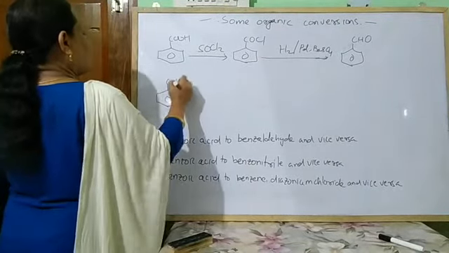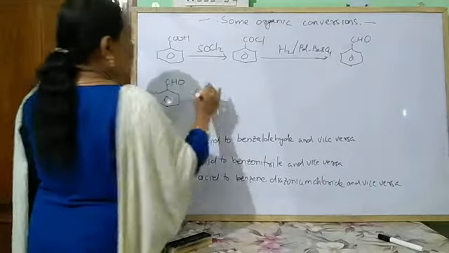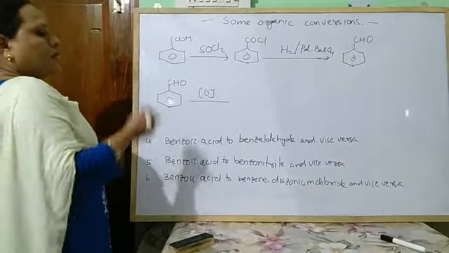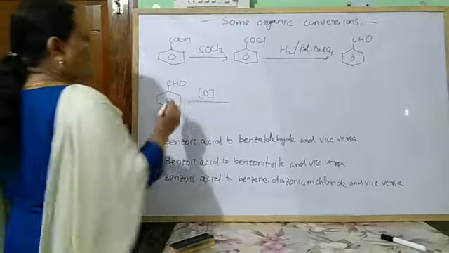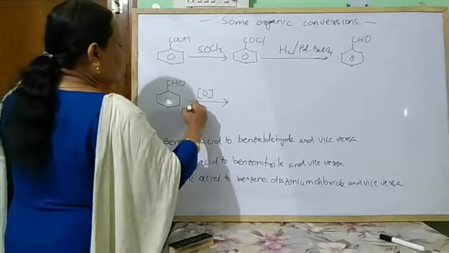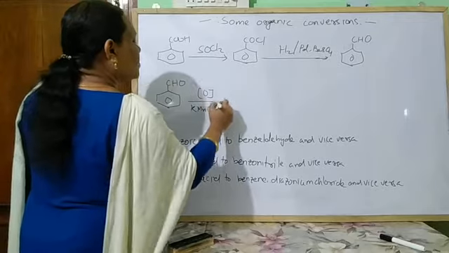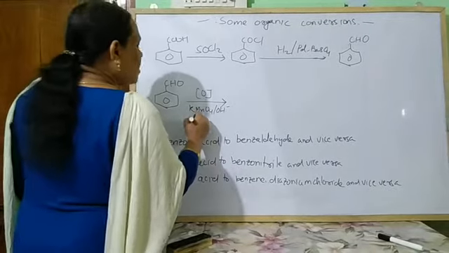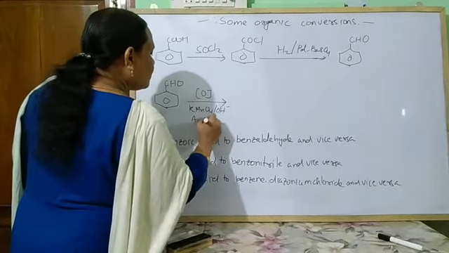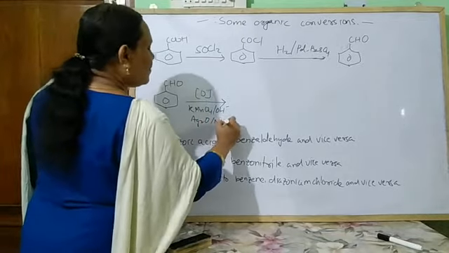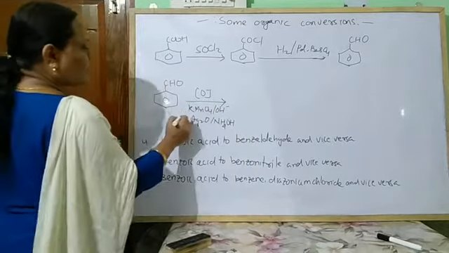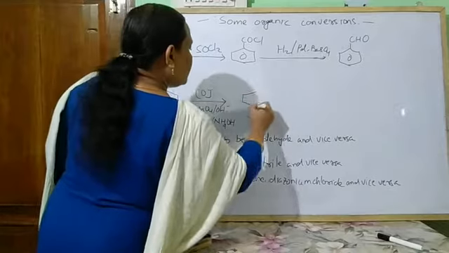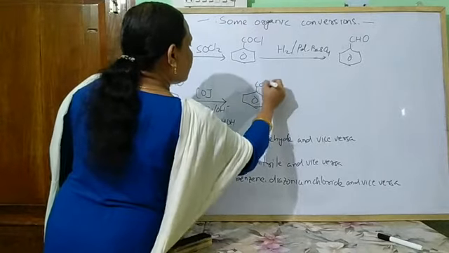When benzaldehyde undergoes oxidation with either alkaline potassium permanganate, acidified potassium dichromate solution, or Tollens' reagent in presence of ammonium hydroxide, whatever you can use, the CHO group is converted to a COOH group.